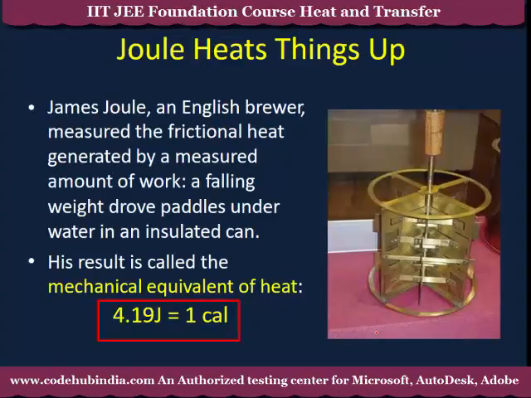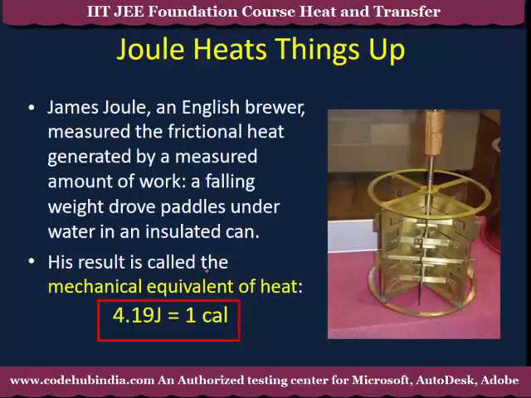So Joule heat things up. James Joule, an Englishman, measured the heat generated by a measured amount of work, using a falling weight turning a rope paddle under water in an insulated can.